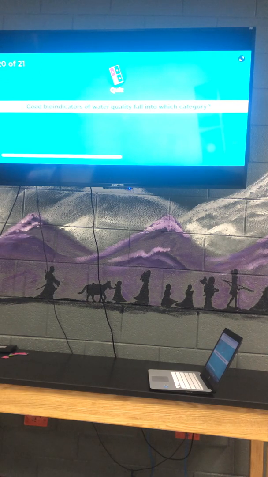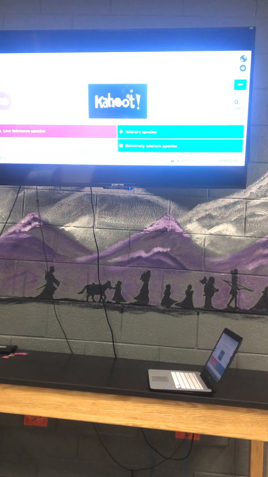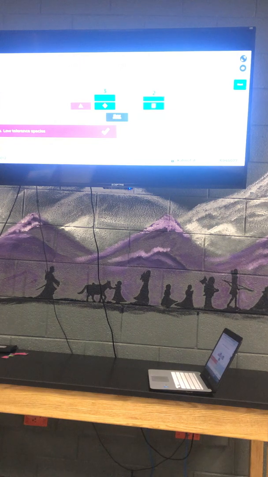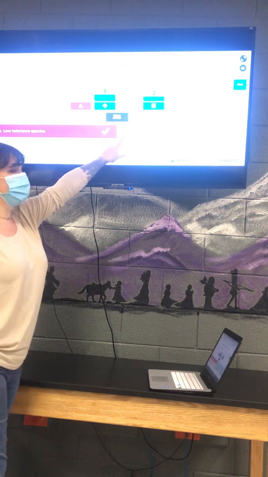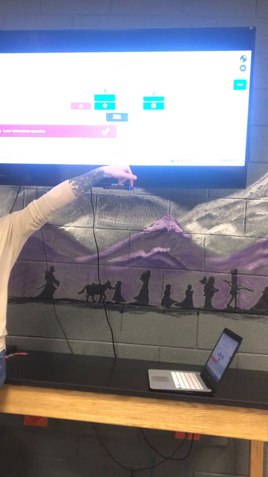Good bioindicators of water quality fall into which category? Okay, when you're thinking about these, you need to think about tolerant, as in they can tolerate pollution.